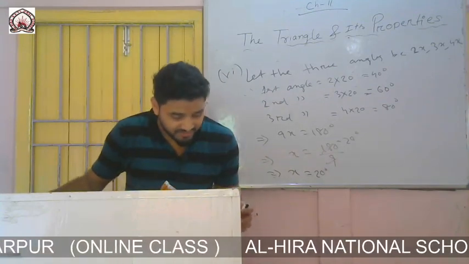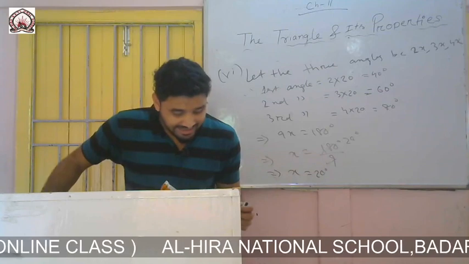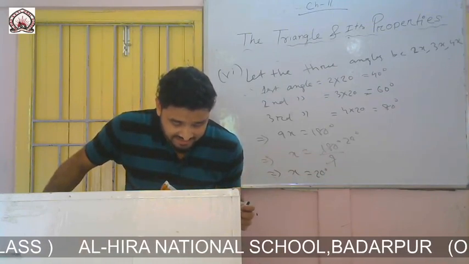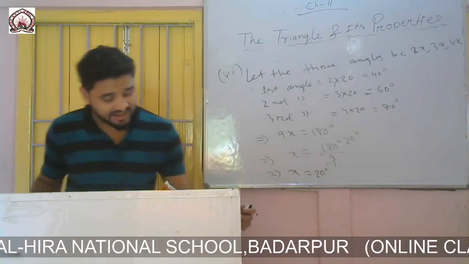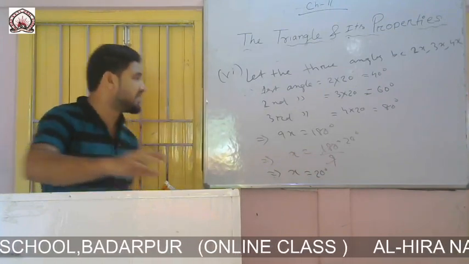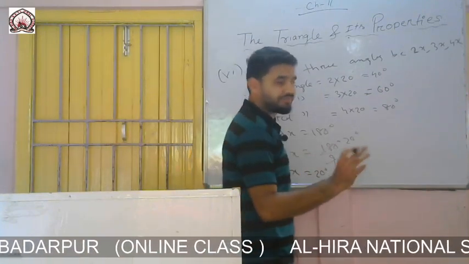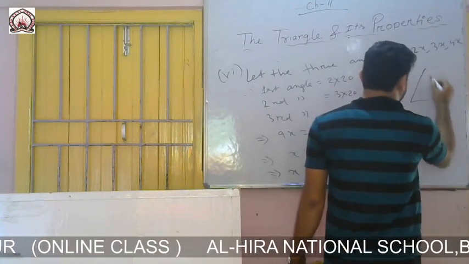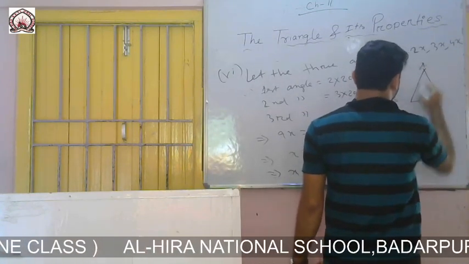Now come to question number 5a. If each angle of a triangle is less than the sum of the other two angles, show that the triangle is acute angled. It's very easy. You see, this is a triangle ABC.